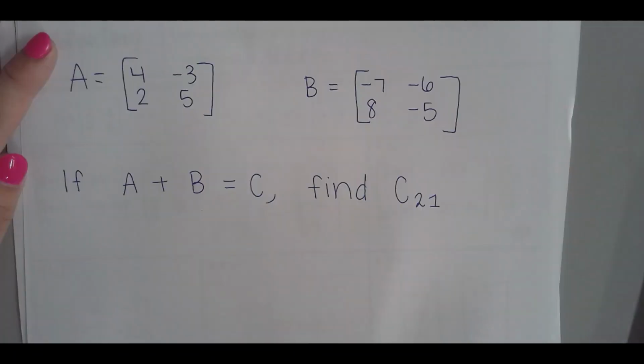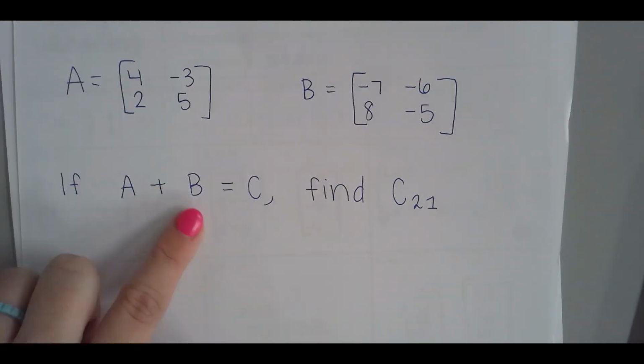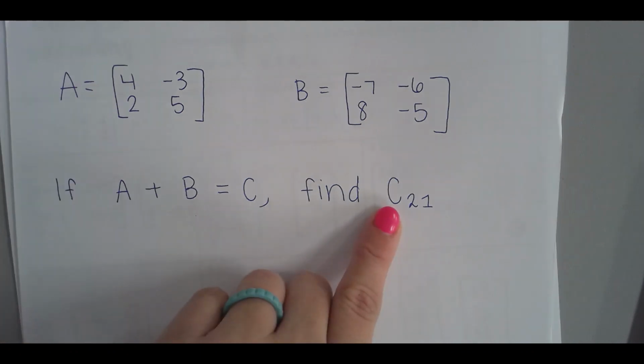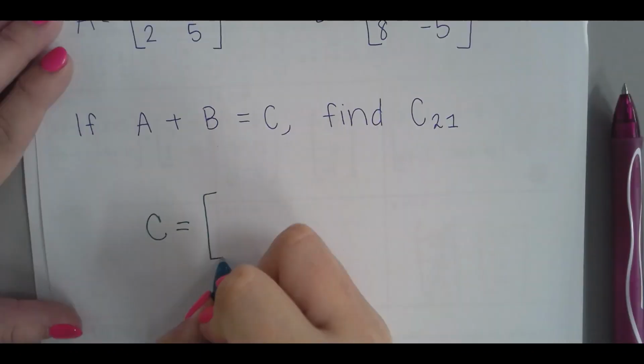Now, one other question that you have today, you're going to see all of the questions are going to be worded like this. So I'm giving you two matrices, matrix A and matrix B, and I'm telling you that the new matrix is matrix C, and I want you to find C21.